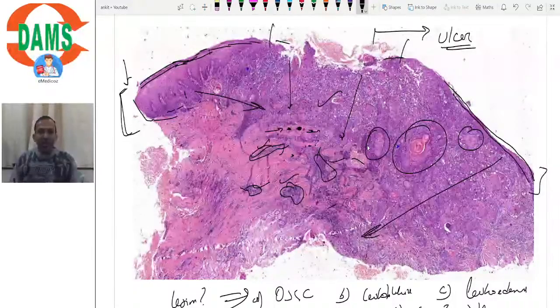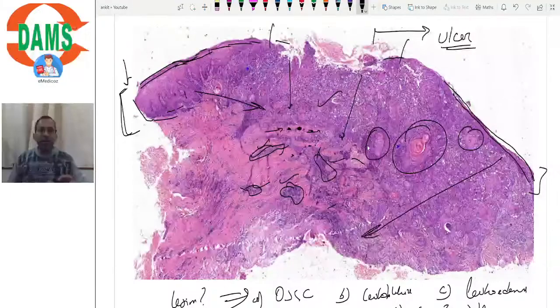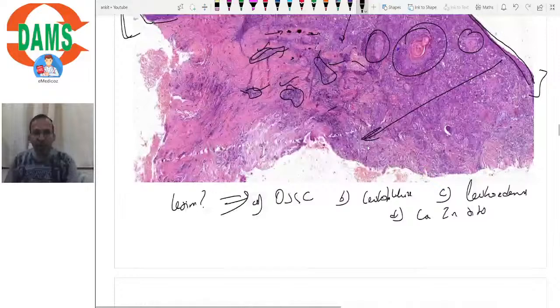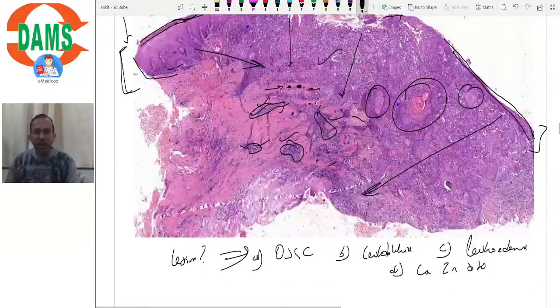There is severe dysplasia from top to bottom. All the cells appear similar. There is lack of cellular differentiation. So dysplasia bhi hai. There is loss of basement membrane and there is proliferation of epithelial cells into the connective tissue. So which of these four lesions would you mark now as your answer?